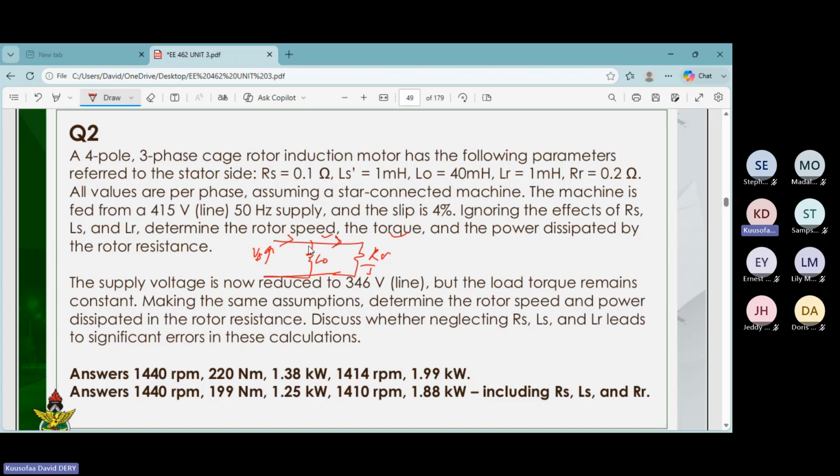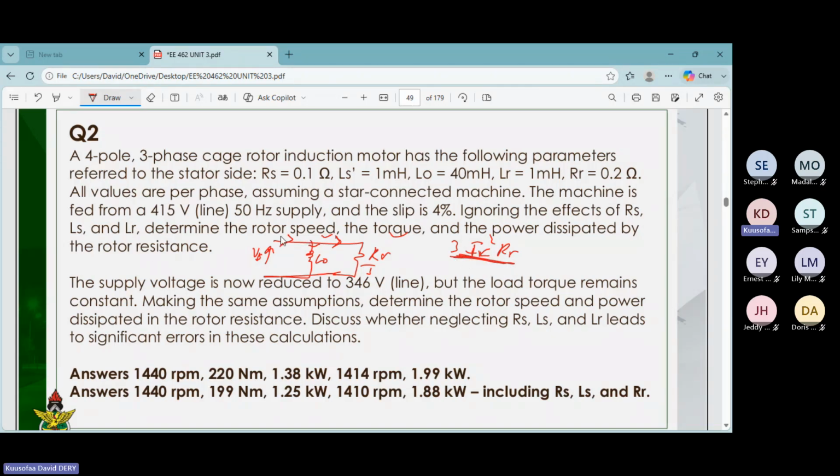And we can determine this current. So first of all, let's start by looking at the power that is dissipated. That one is straightforward to do, which is in the rotor resistance, which will be given by 3 times IR squared RR. So that one is straightforward. So we can determine that, right?